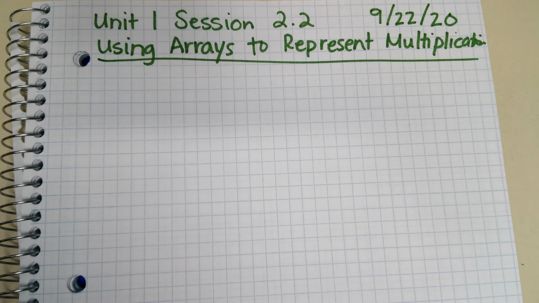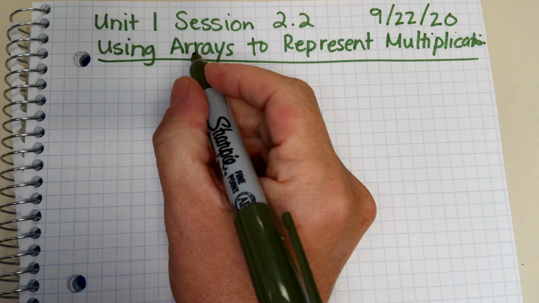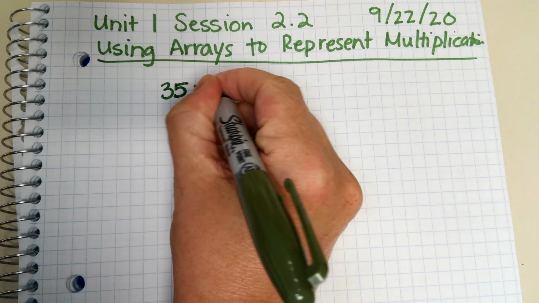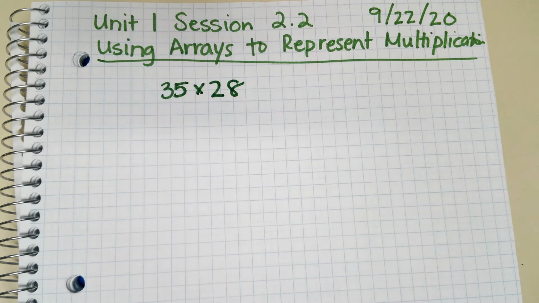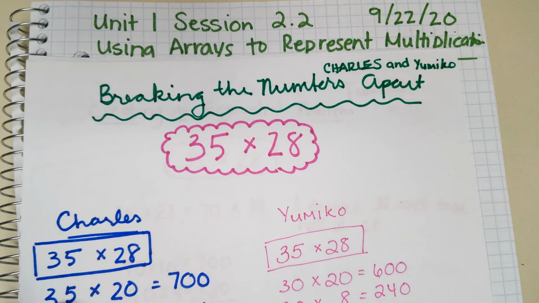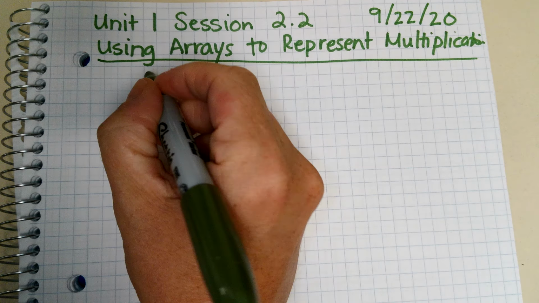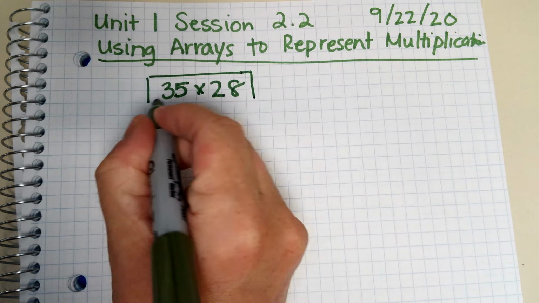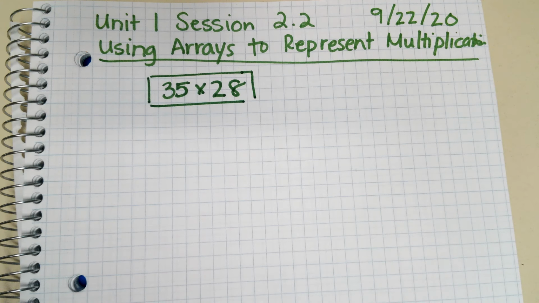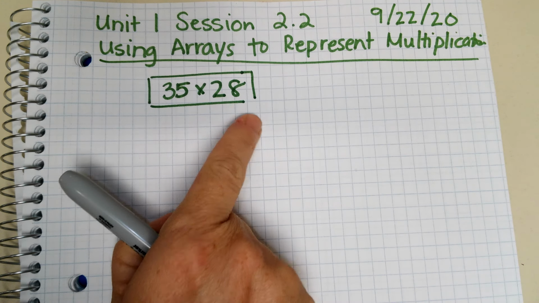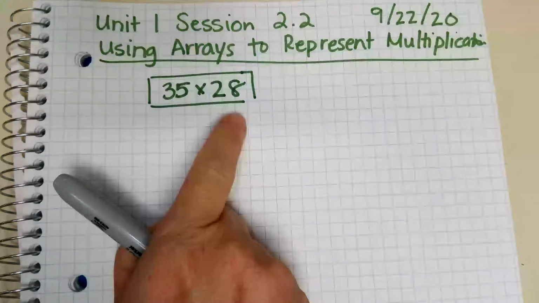So if I were to take the problem 35 times 28. Now you'll recall that this is what we did with the poster the last time, 35 times 28. So if I take this problem and decide I want to create an unmarked array, I'm going to think about what might be my first step.